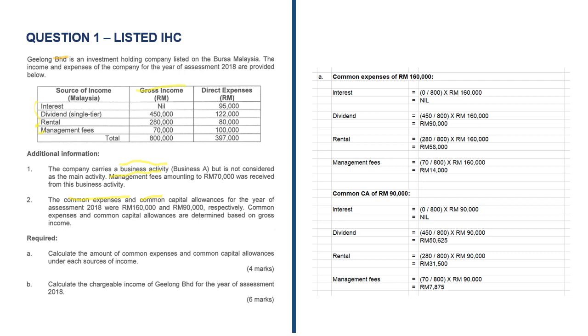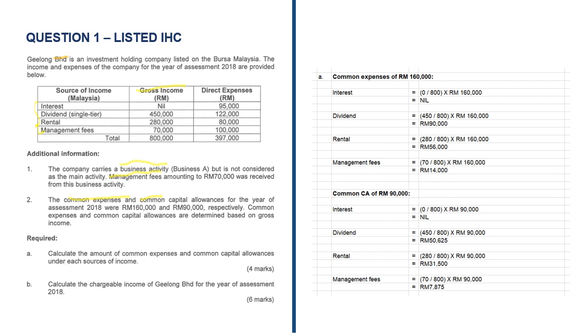Alright, first part of the question, you need to calculate the amount of common expenses and common capital allowance. Okay, so here I show to you macam mana I buat apportionment of common expenses. Mula-mula kita tengok interest dulu. Dia kata apportion ikut gross income.